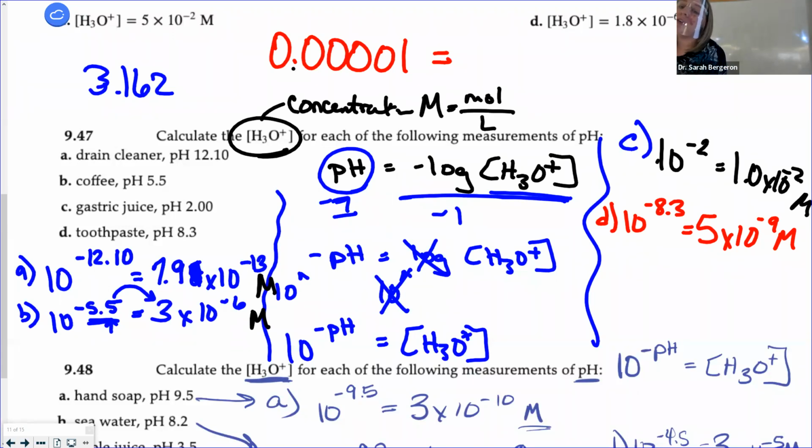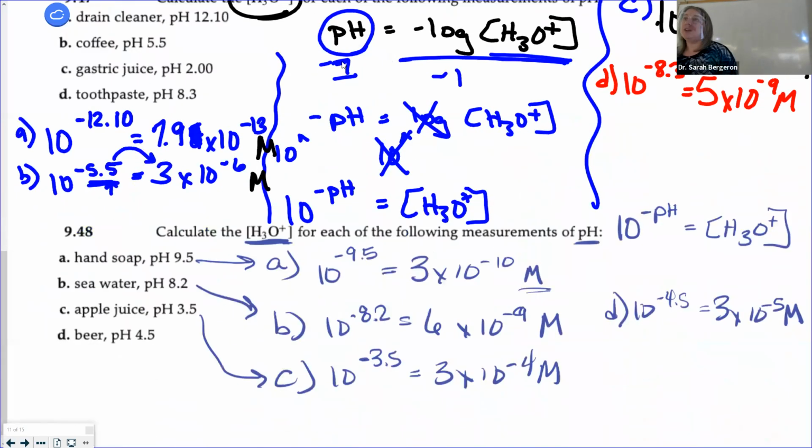So how do you write it in scientific notation? 1, 2, 3, 4, 5. So this would be 1 times 10 to the -5. So yes, you have to be able to do that. But the trick is on your calculator, if you do second and then the button immediately to the right says DRG, you press that and you select scientific and it puts it in scientific notation for you. Okay, good.